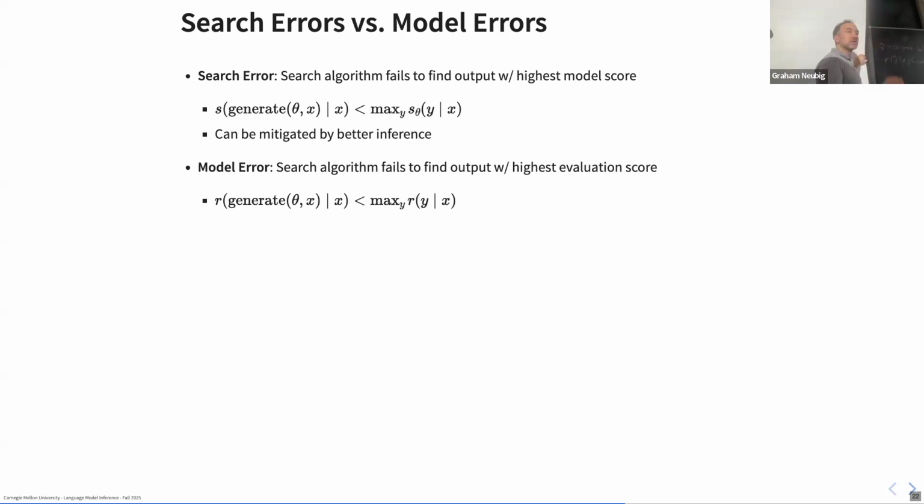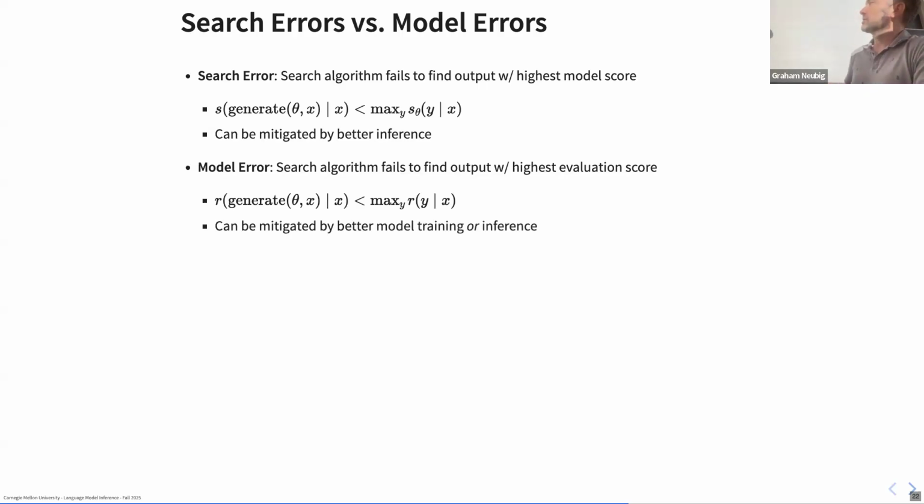So what this means is whichever output is scored the highest by your model is not as good an output as the best output. So your model is mis-scoring the outputs, and it's basically assigning a higher score to bad outputs or outputs that are not ideal.